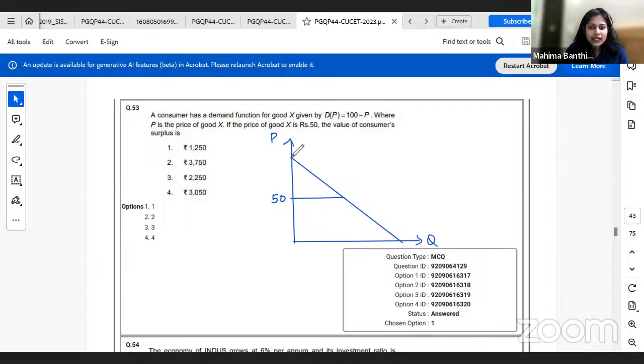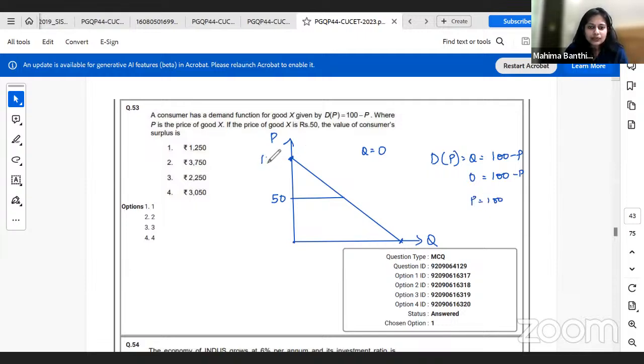So we need to find these two vertices here. This point would come if you put Q equal to 0. All right, so Q = 100 minus P, so if this is equal to 0, 0 = 100 minus P, so P comes as 100.